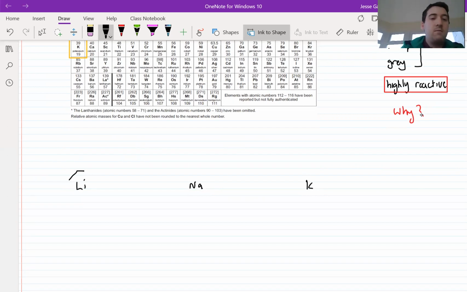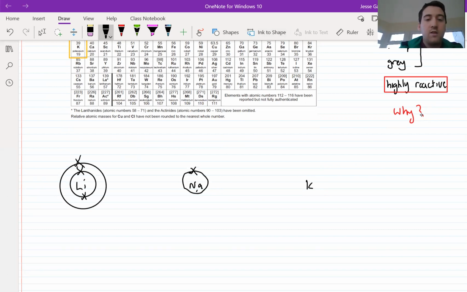This is lithium, 2 in the first shell, 1 in the second shell. That's lithium. This is sodium, 2 in the first shell, 8 in the second shell, and 1 in the third shell.